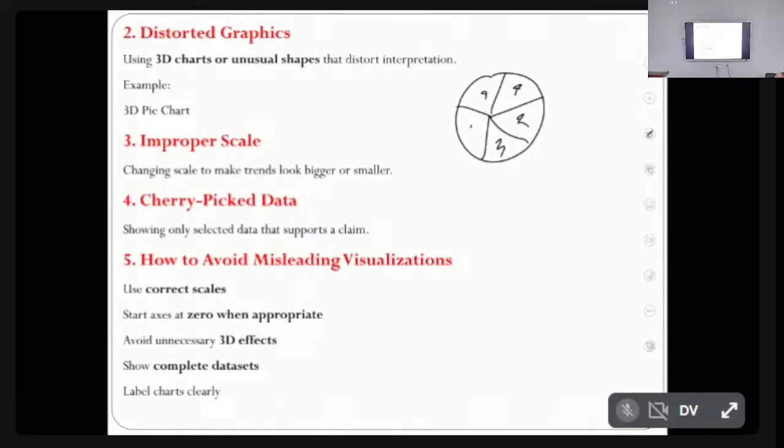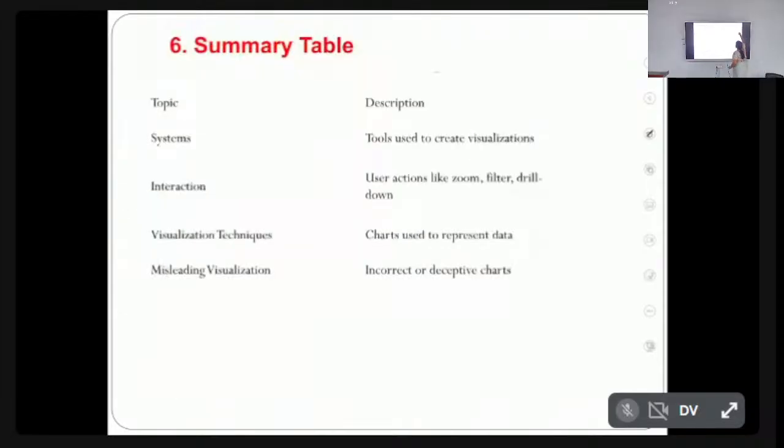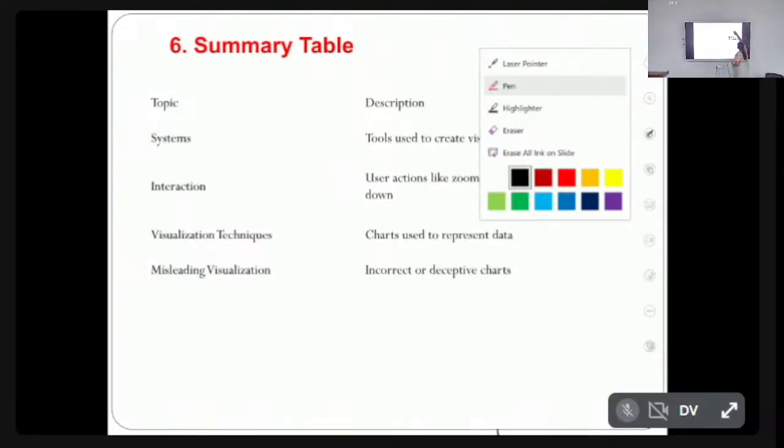Complete data set. Next one, label the charts clearly. Label the charts clearly.